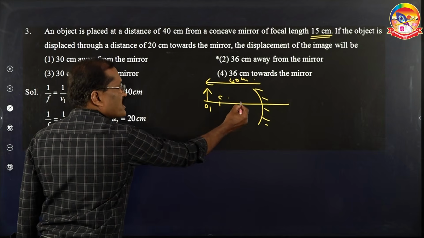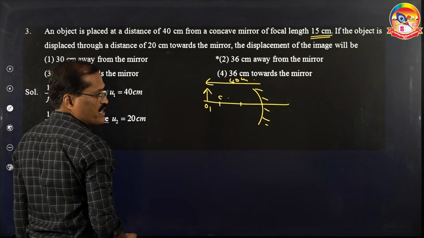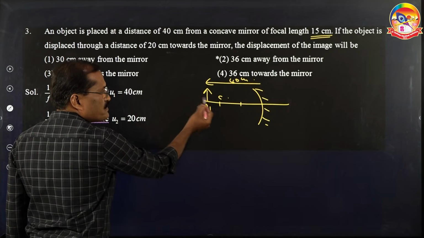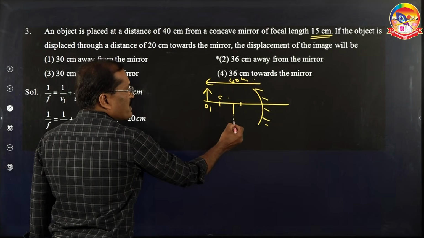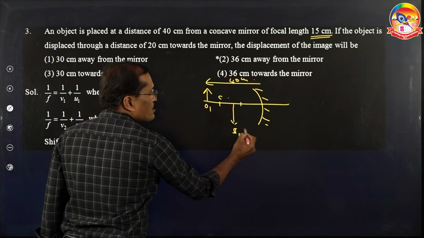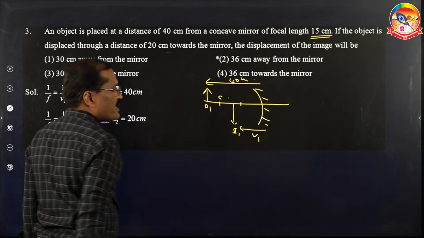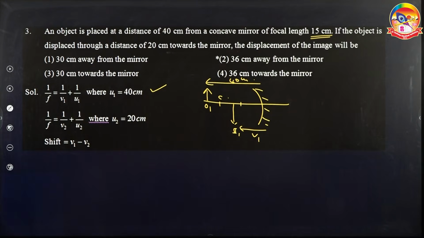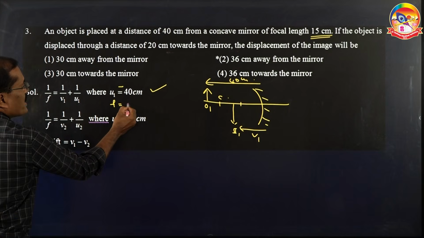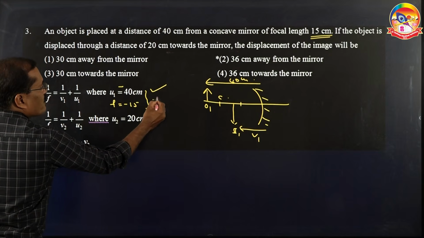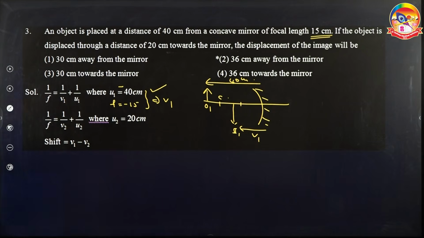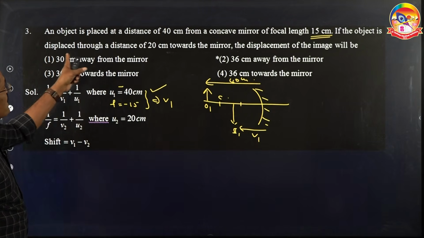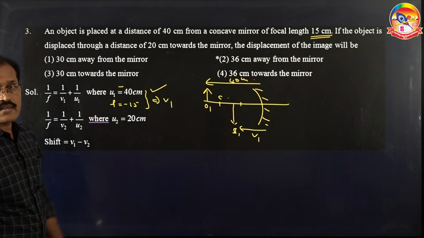Therefore, the image will be a diminished image, the first image I1 will be here. You need to calculate this distance V1. What formula can you apply here? U1 is equal to minus 40, and F you take as minus 15. So you can calculate V1 by substituting. Then, in the second case, the object is displaced through 20 centimeter towards the mirror.